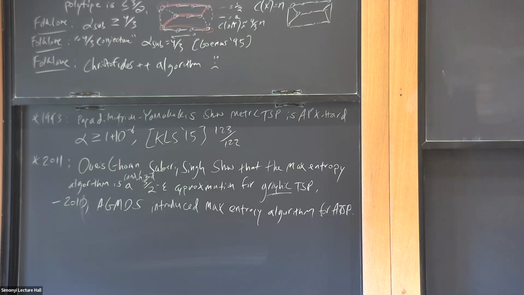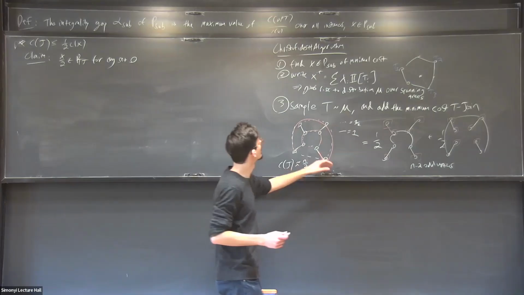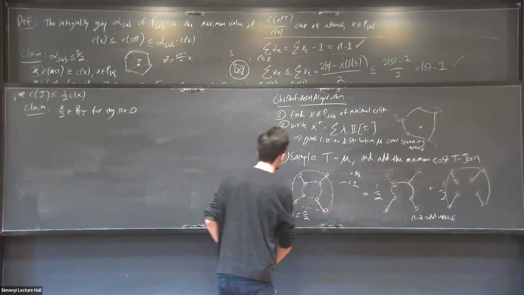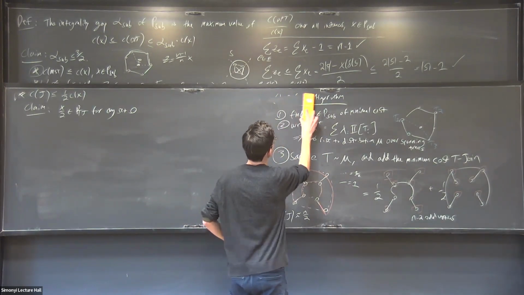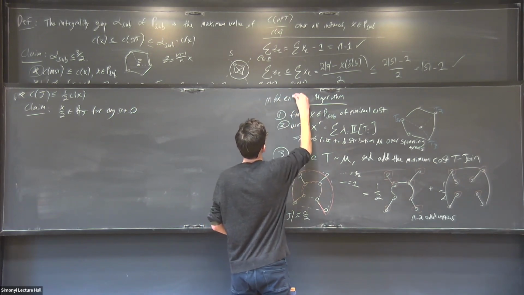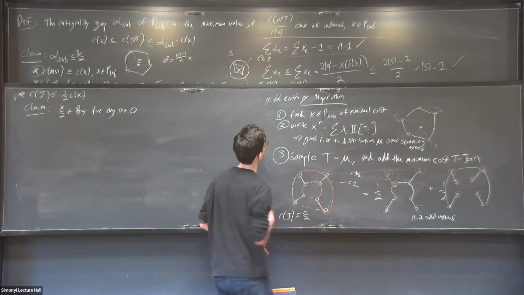So it's Christofides++, except I'm going to change step 2. This is the max entropy algorithm.